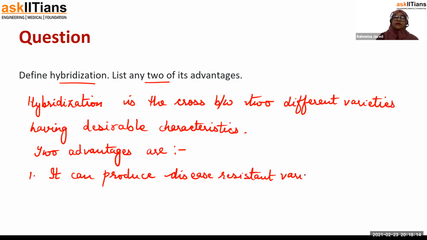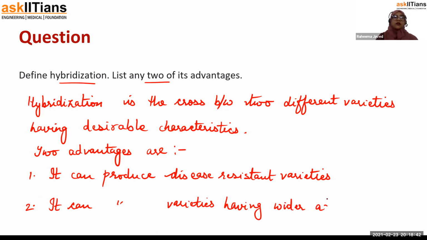With this, it can also help in producing the varieties that have wider adaptability, that can grow in different climatic conditions. Okay, so let's move on to the next question.